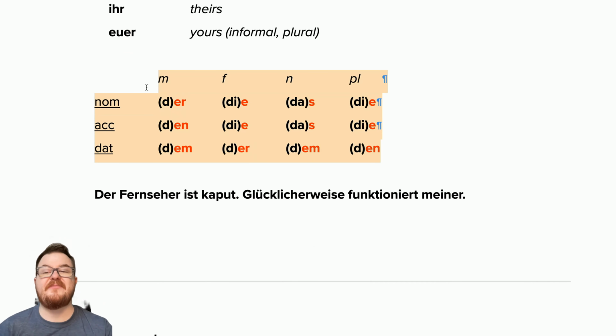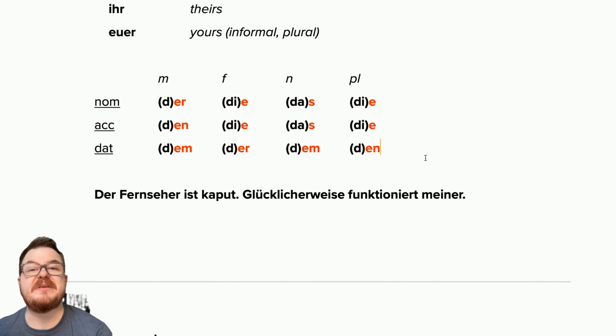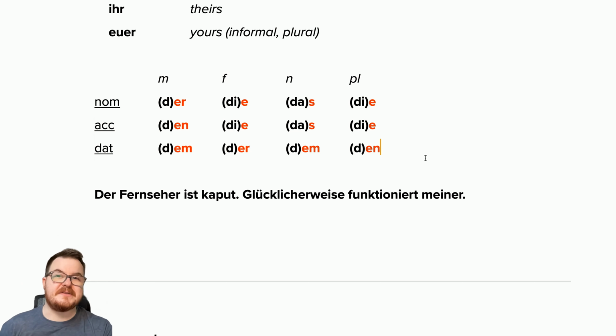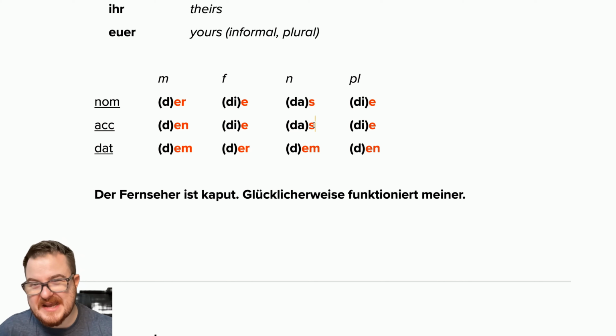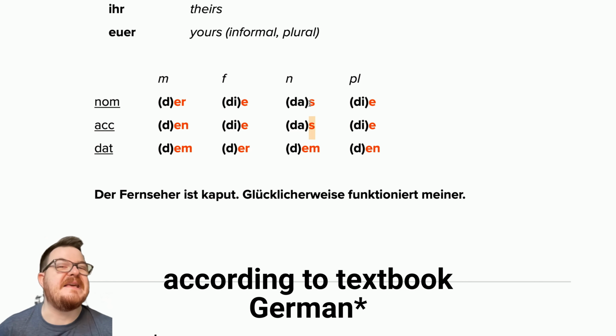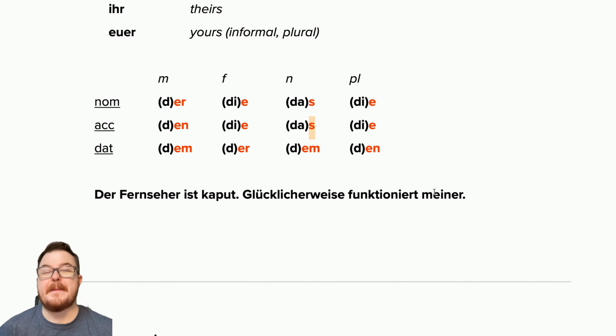So we will definitely need these for the two activities that we're going to do. So remember, the endings are going to be the same as the endings of the definite articles, except for das, it's going to need a little E before we put an S on the end. So you can't say meins, it's meines.